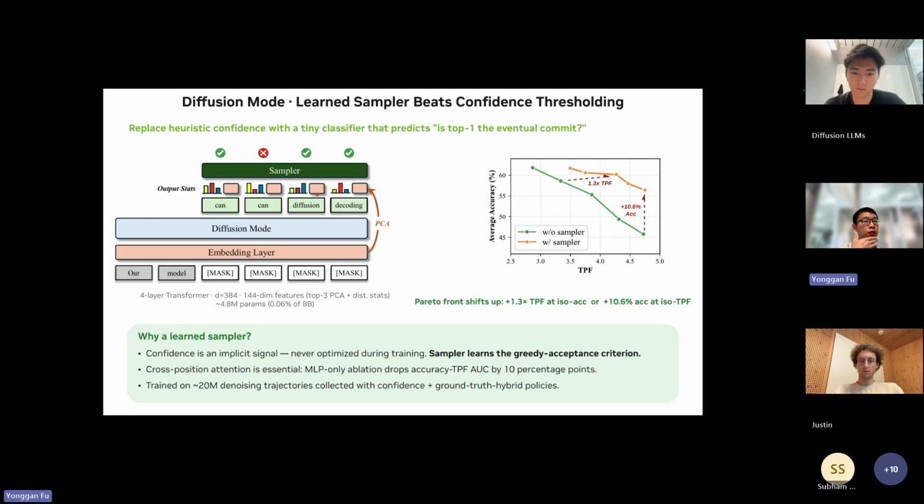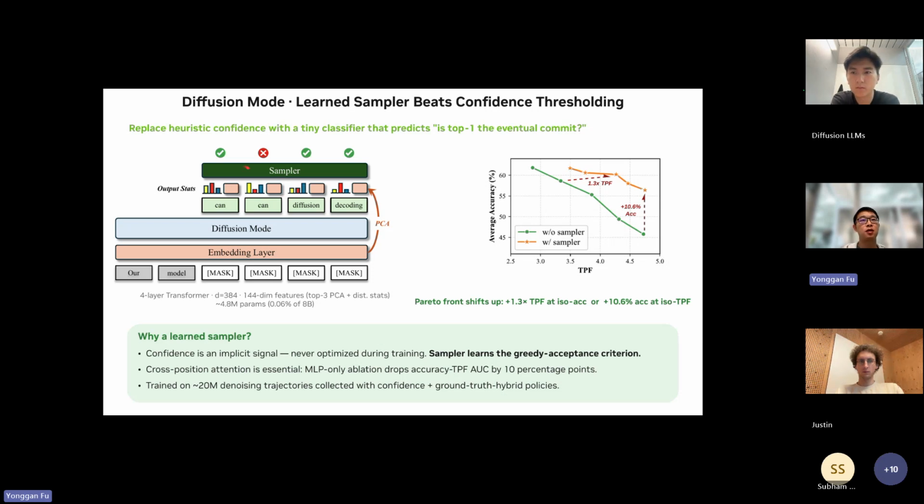The sampler can be super simple: you directly input the confidence scores and also the embeddings of the last layer to the sampler and let it decide whether to accept or reject the proposal by the diffusion mode at this position. This can be trained by just collecting some denoising trajectories from your trained model, and then using a BCE loss, a binary decision whether to accept or reject based on the denoising trajectory.